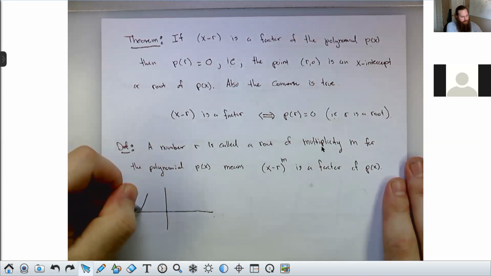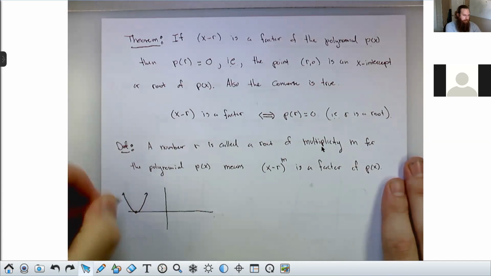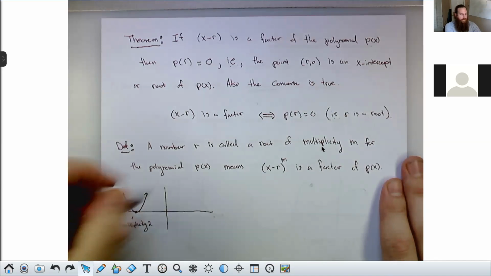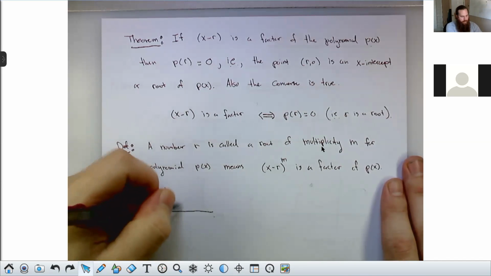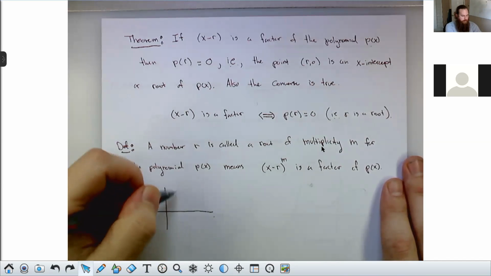So a root of multiplicity 2 will look like this. A root of multiplicity 1 will just look like a line crossing the x-axis locally.